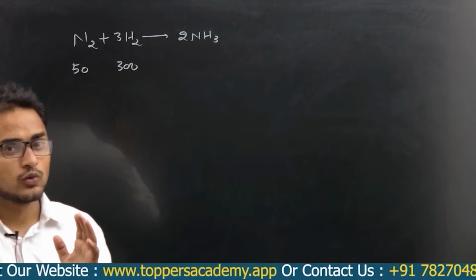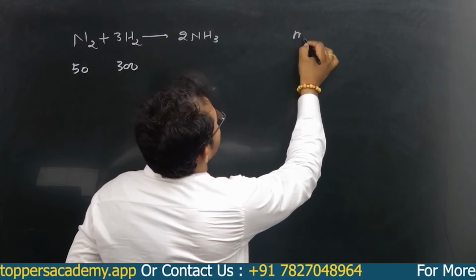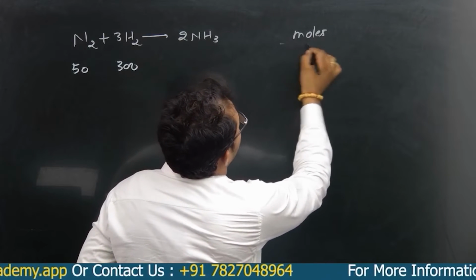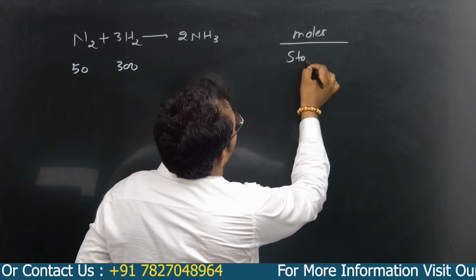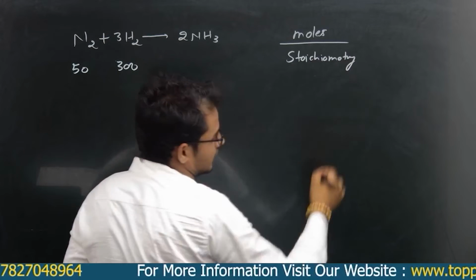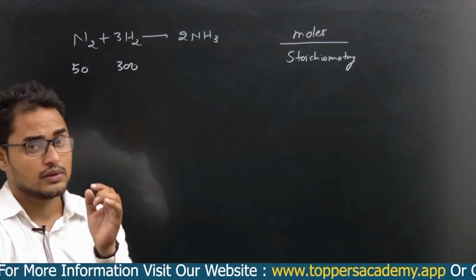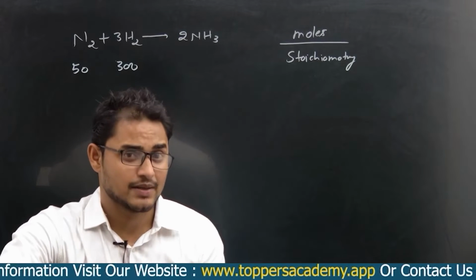We will have to calculate the value of moles upon stoichiometry. What is the stoichiometric coefficient? It is the value which is written before the reactant in a balanced chemical equation.